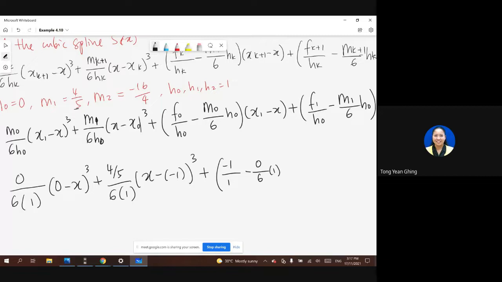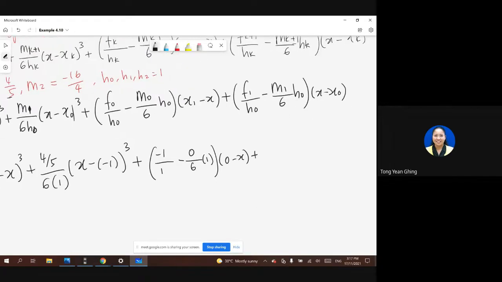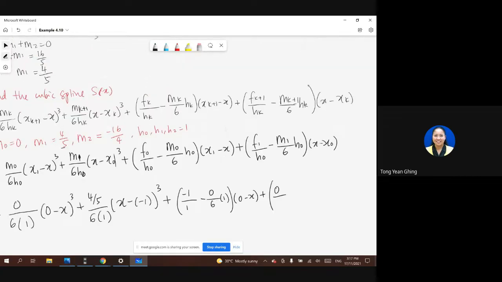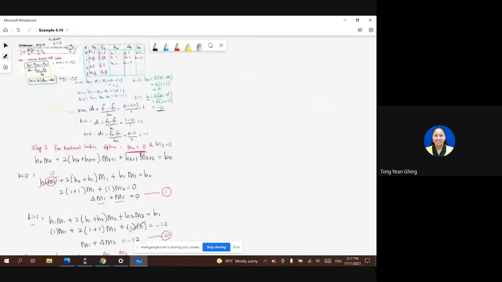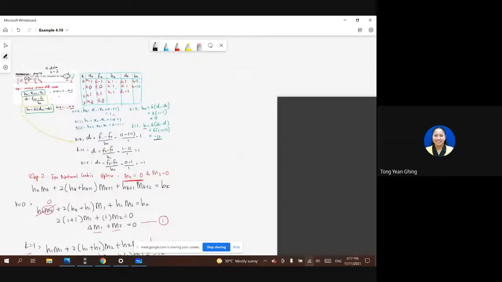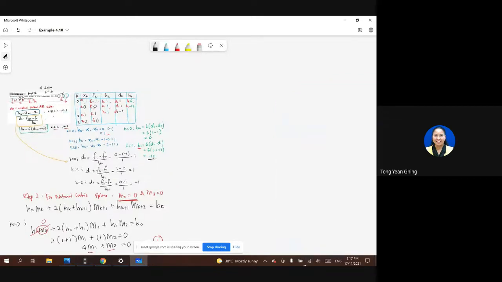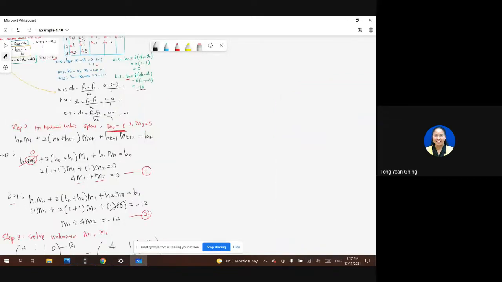H naught is 1. And then X1, X1 is 0 minus X. Plus F1. F1, if you look at the table just now, F1 is 0. Right? F1 is 0. Look at the table. Okay, 0. This one F1, 0.